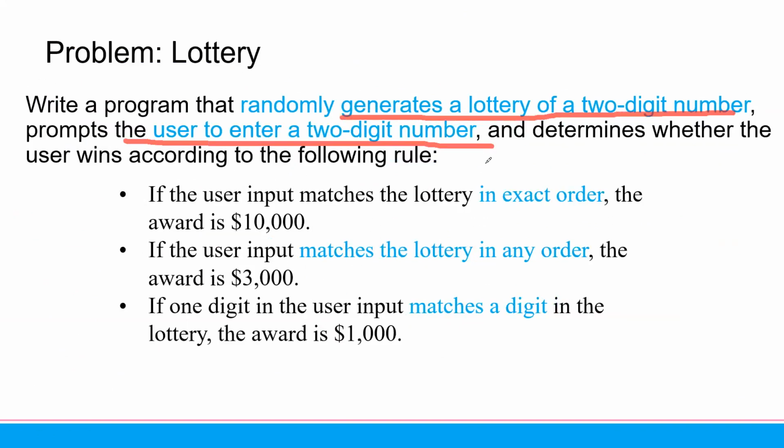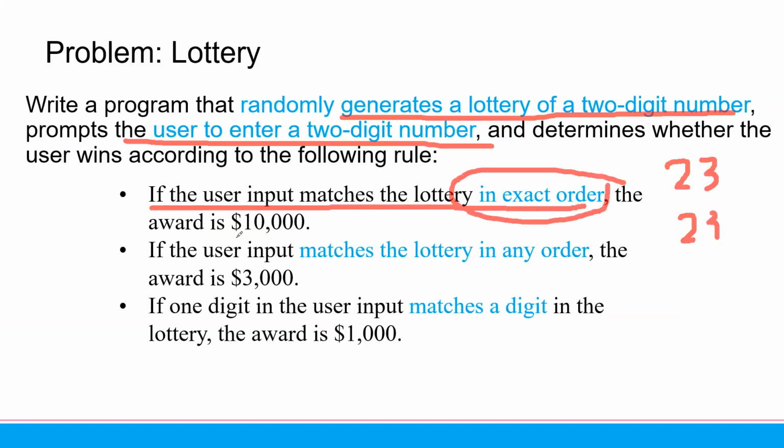So let's say you buy the numbers and you want to know whether you will win or not. If the user input matches the lottery in exact order, so let's say you buy the number 23 and the lottery number is 23, then you will get 10,000 US dollars.